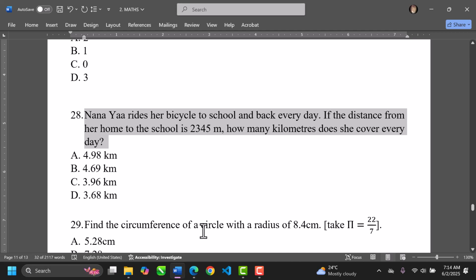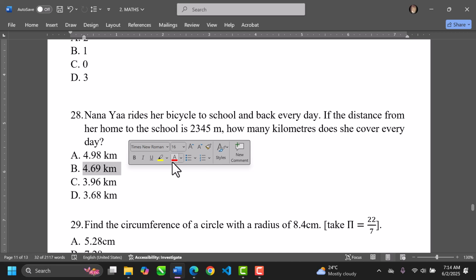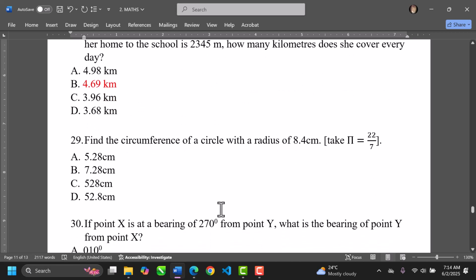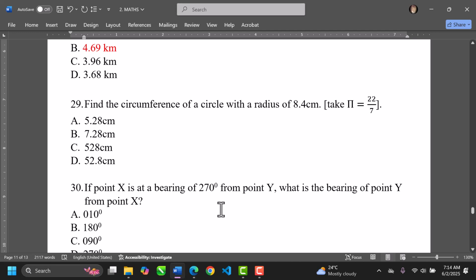The distance from her home to school is 2,340 miles. How many kilometers does she cover every day? So we're going to convert it from this to that. 28, the answer is B. Let's go to 29. Look at the question very well. The answer is D.